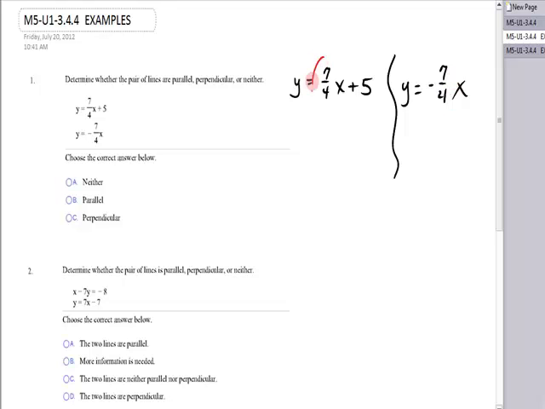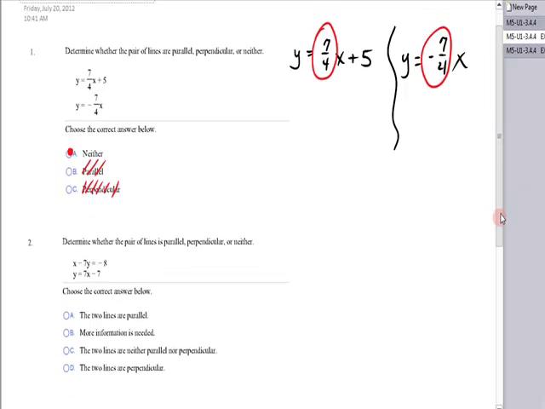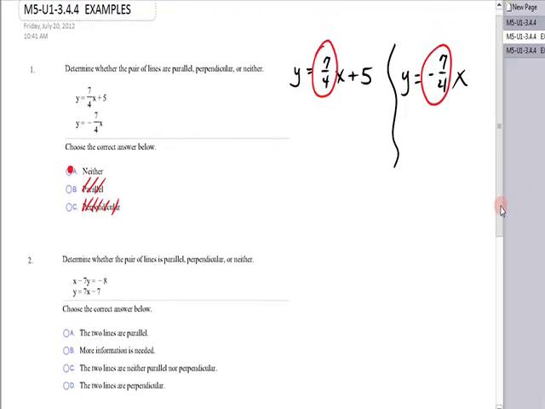Well, I have the slope. They are not identical, which means they are not parallel. But although they're opposites, they are not reciprocals of each other. So they are not perpendicular. My choice must be that they are neither one of those. So you don't have to be just parallel or perpendicular. It could be that you're neither.